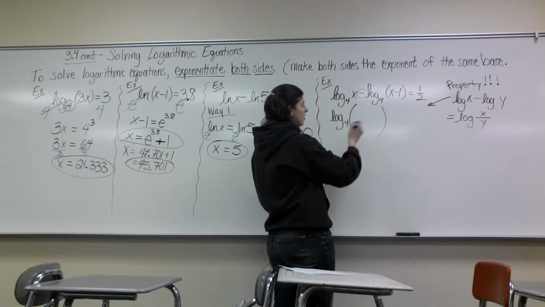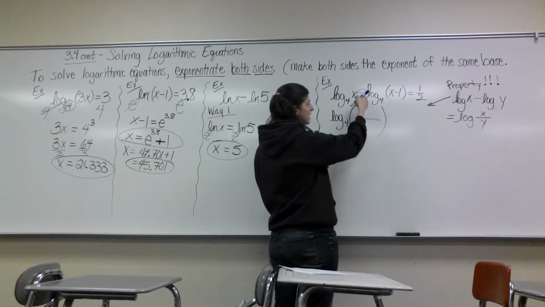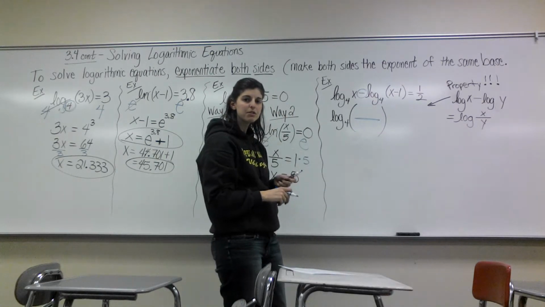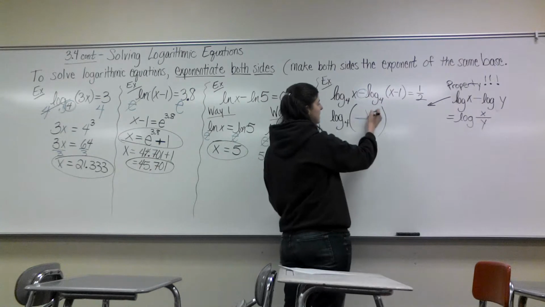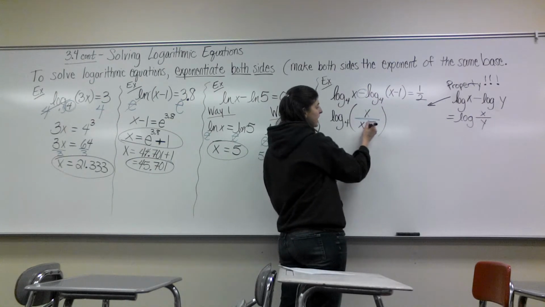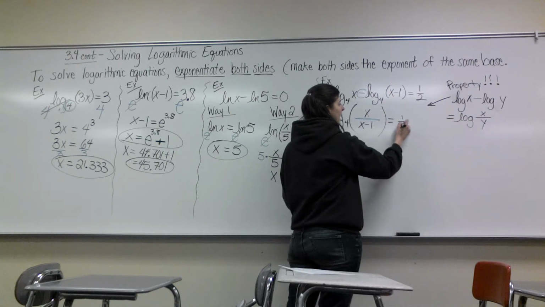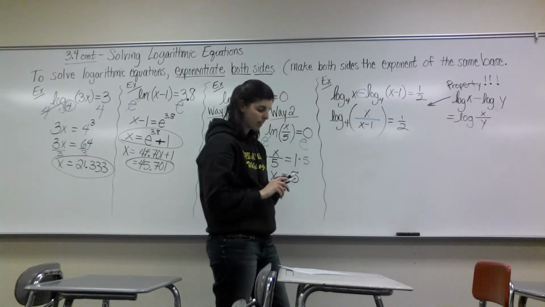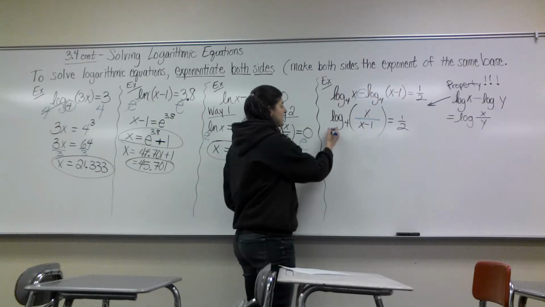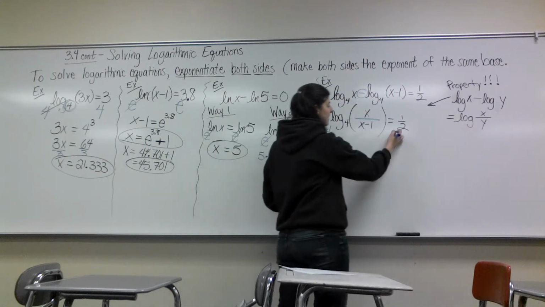So I'm going to go, division used to come from subtraction of the logarithms. So x over the quantity x minus 1 equals 1/2, supposedly. All right, we need to exponentiate both sides at this point.